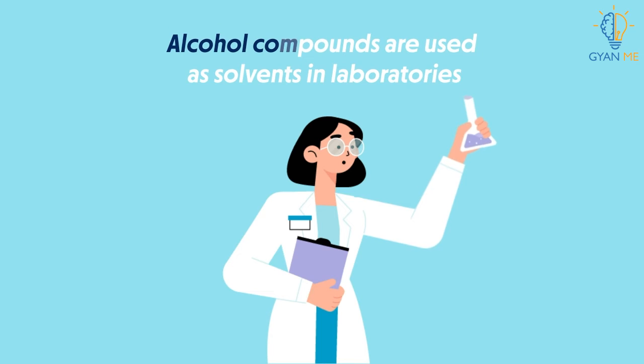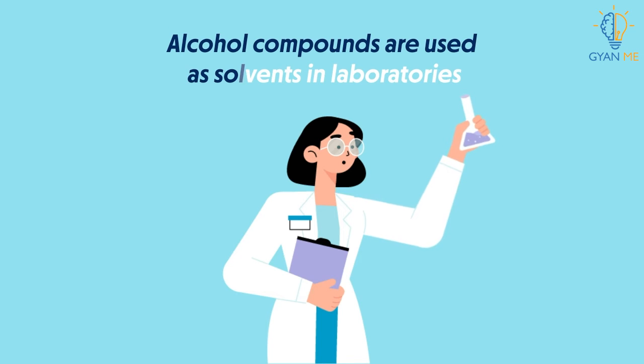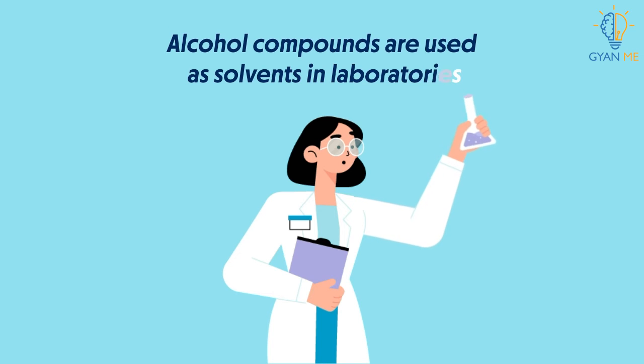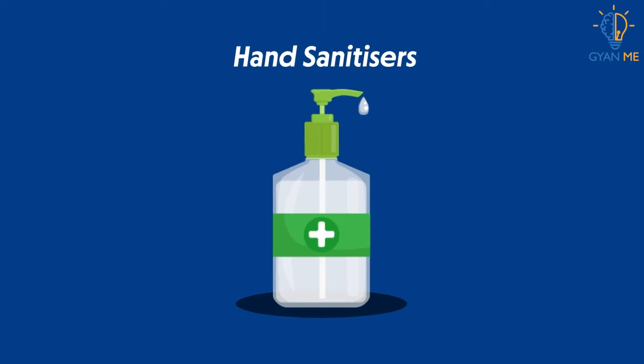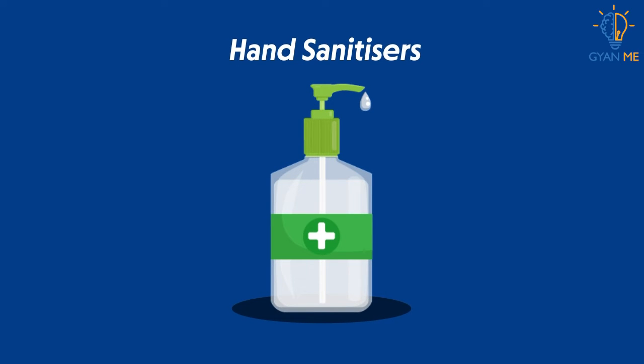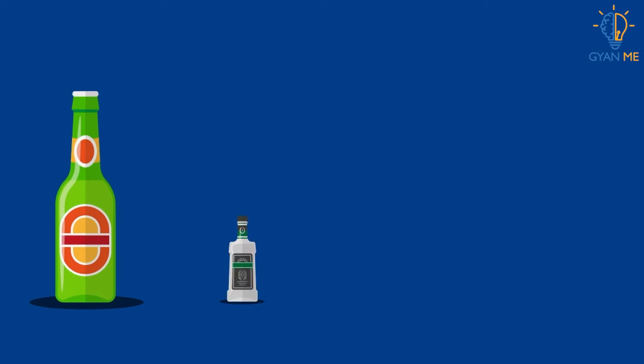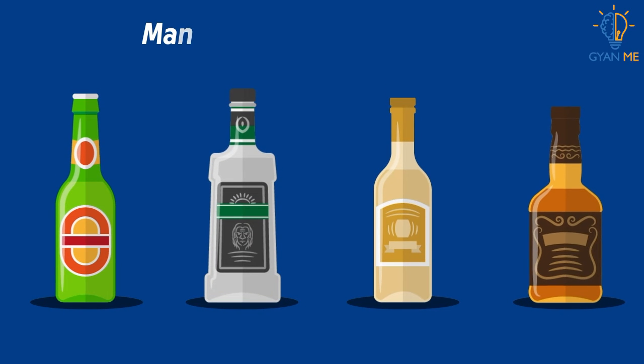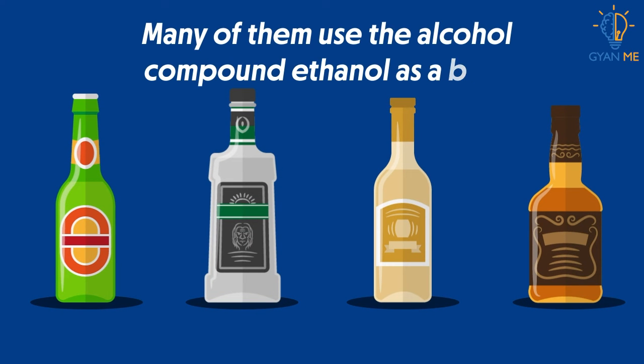In general, alcohol compounds are used as solvents in laboratories. They are also used in making hand sanitizers or as an antiseptic agent. They also form the basis of many alcoholic beverages. Many of them use the alcohol compound ethanol as a base.